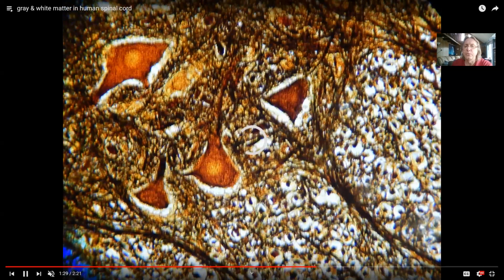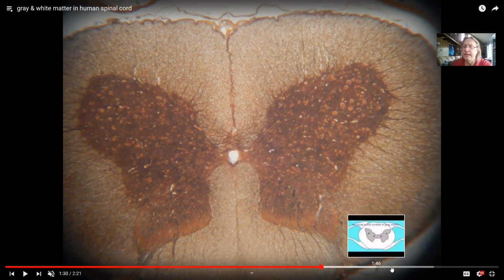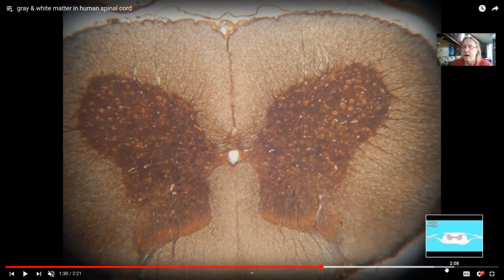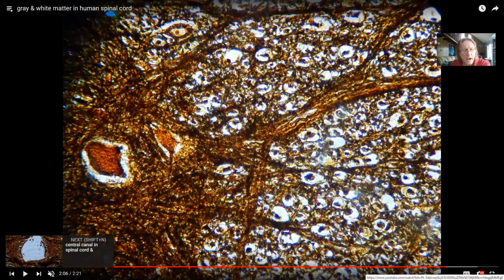Also note that in the center, there is a hollow space through which cerebrospinal fluid will pass. This is the central canal, and a connecting section, the gray commissure. So the white matter is also organized as we will see. Oh, I'm sorry, before that.